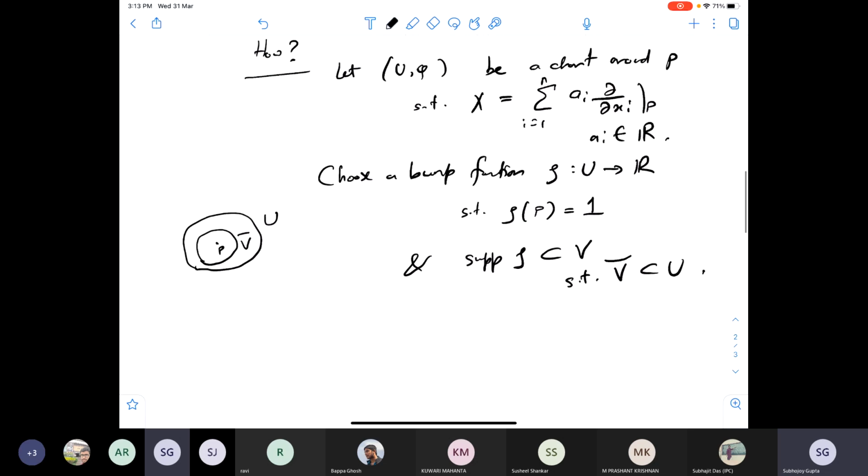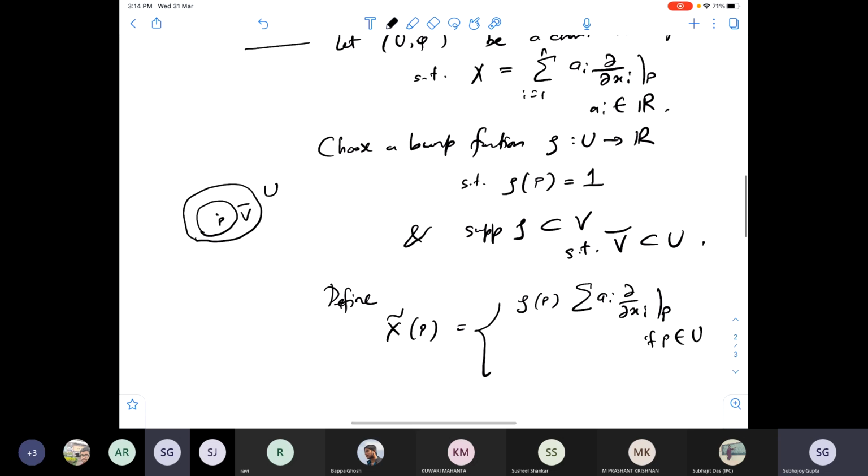Once you have this bump function, you can define the vector field on the whole manifold as rho of P times that vector we started off with, del xi at P, if P belongs to U, and it's 0 otherwise.